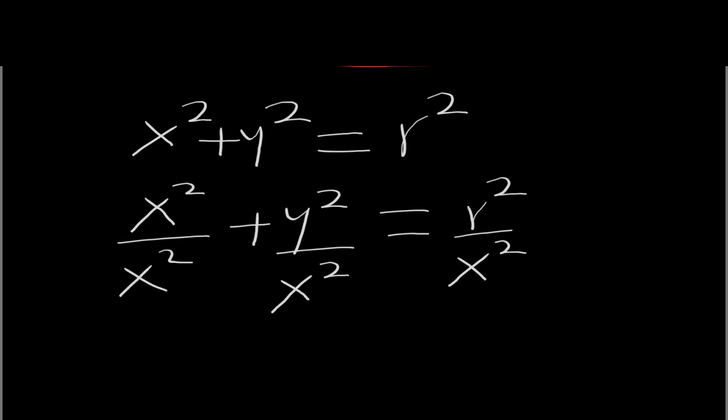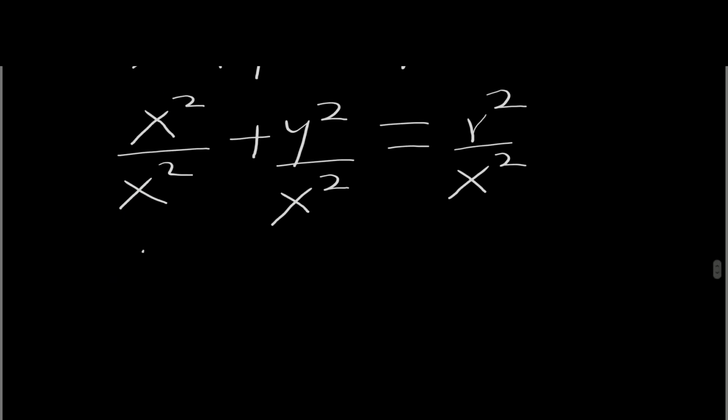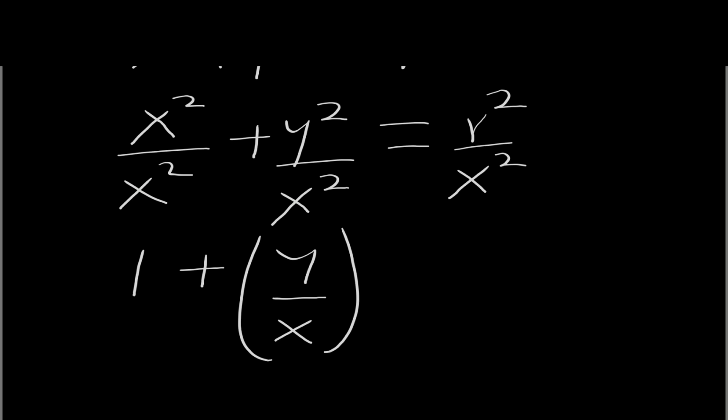Good. So x squared divided by x squared, I will surely get 1. So I have 1 plus, and this is the same as (y over x) all squared equals, this is also the same as what? (R over x) all squared.